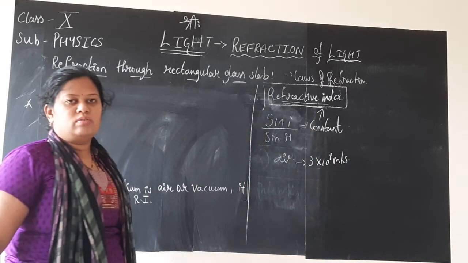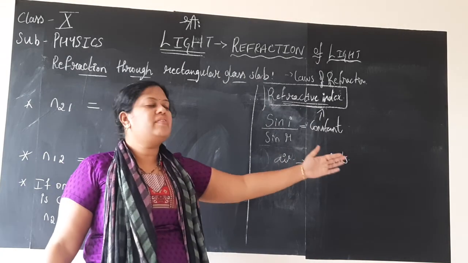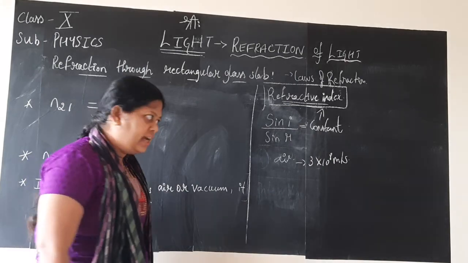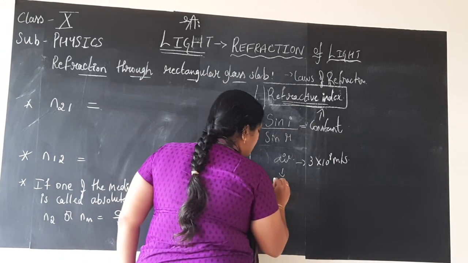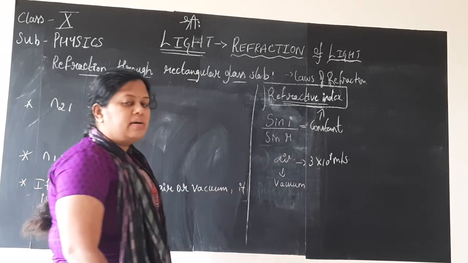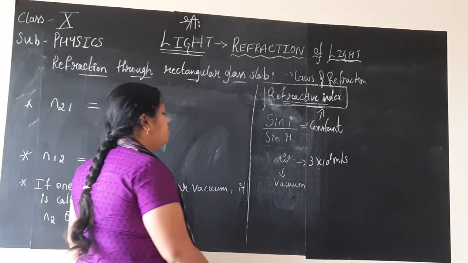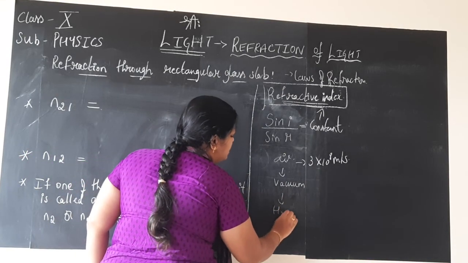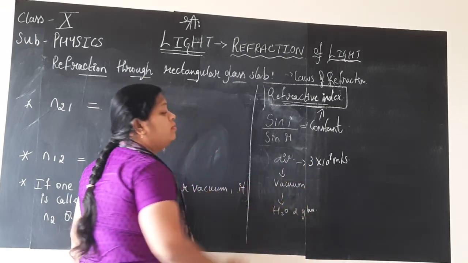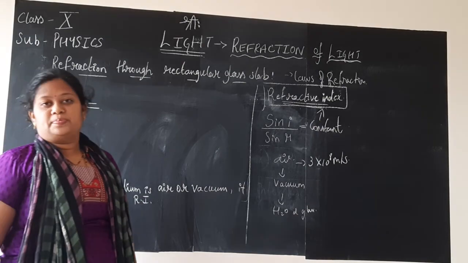You have studied this in lower class. Speed of light is 3 into 10 power 8 meter per second. Compared to this, it may be less in water or glass medium. Like this, from medium to medium, children, the speed of light will change.